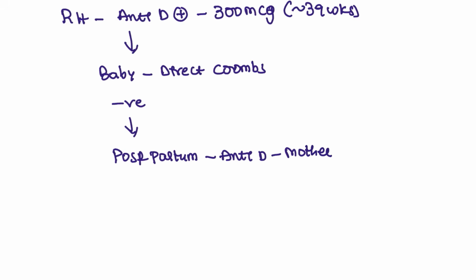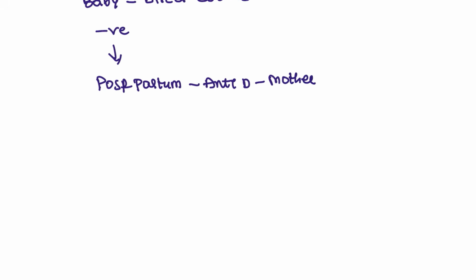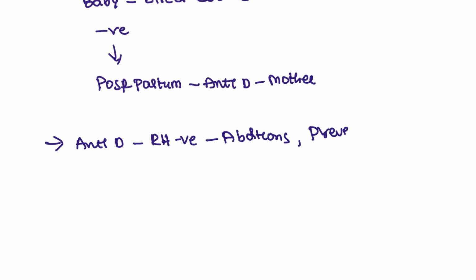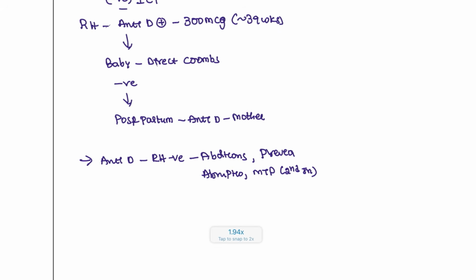This has to be given for these patients. In most conditions, anti-D is given for all RH negative pregnancies, such as abortions, placenta previa, abruptio, and even some second trimester MTPs. Also we have to proceed with RhD negative prophylaxis for these patients.